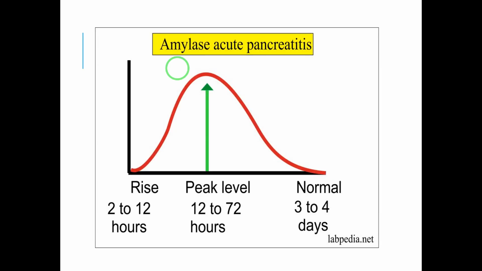In acute pancreatitis, it usually starts from 2 to 12 hours, but amylase mainly becomes detectable or increased after 12 hours, peaks within 12 to 72 hours, then returns to normal within 3 to 4 days.